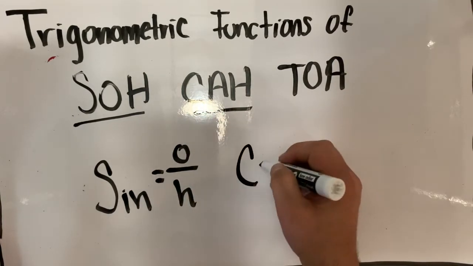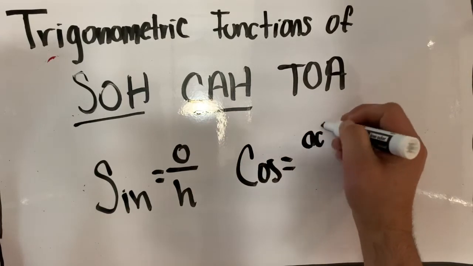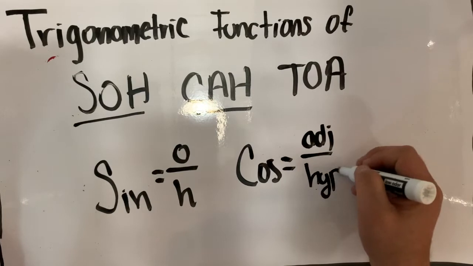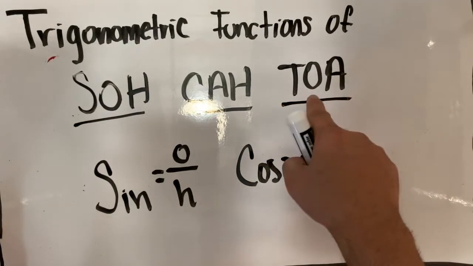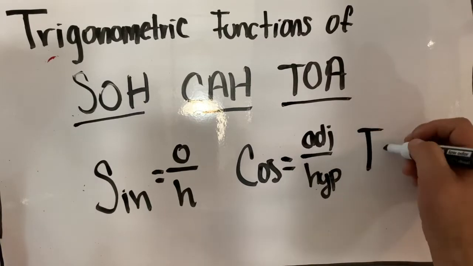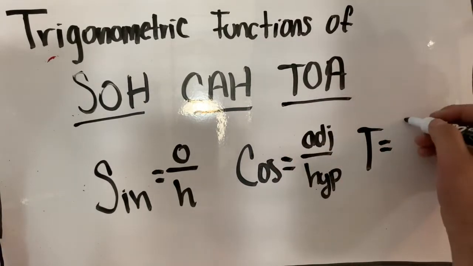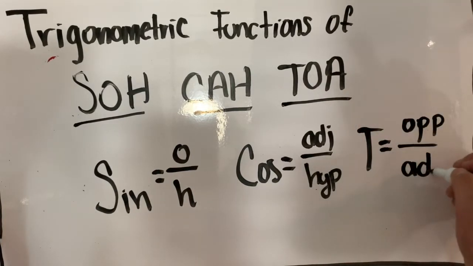C of cosine, that is equal to A, that is adjacent, over h, that is hypotenuse. And finally, we have TOA. T, that is of tangent, O, that is for opposite, and A, that is for adjacent.